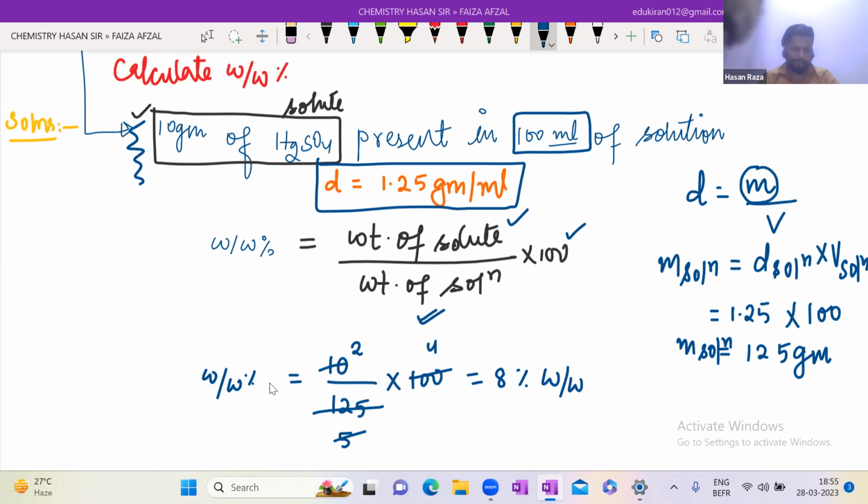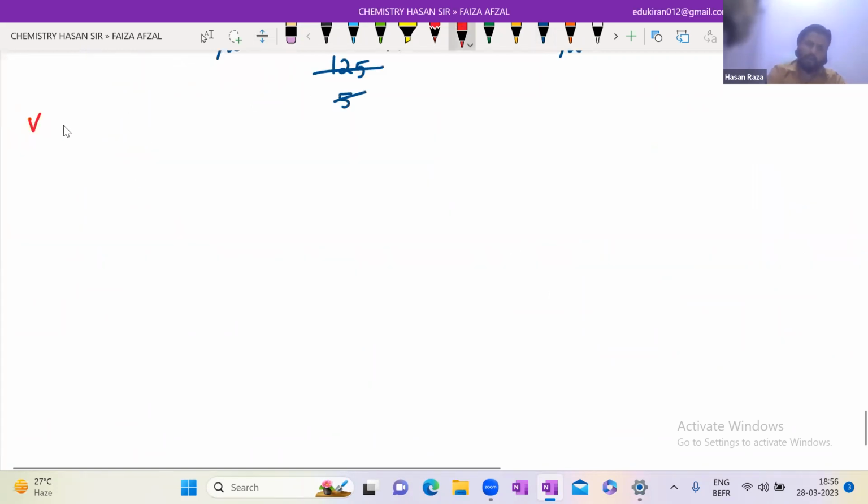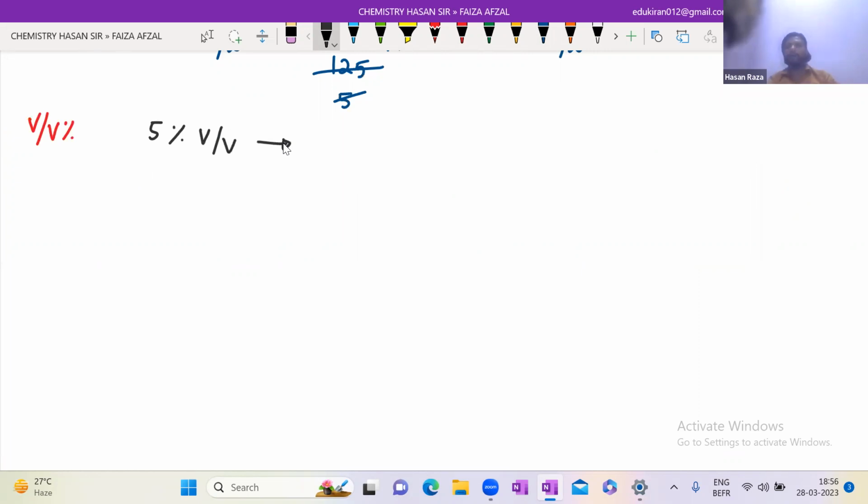Done, sir. Very good. Now I'm going to give you the next concentration term, that is quite easy. Volume by volume percent. I think you can write a sentence about this. Can you tell me what this means? 5% volume by volume.